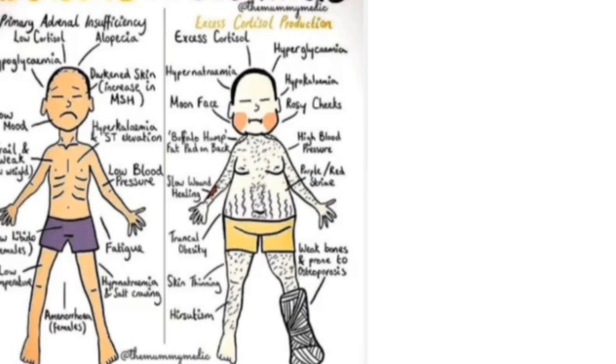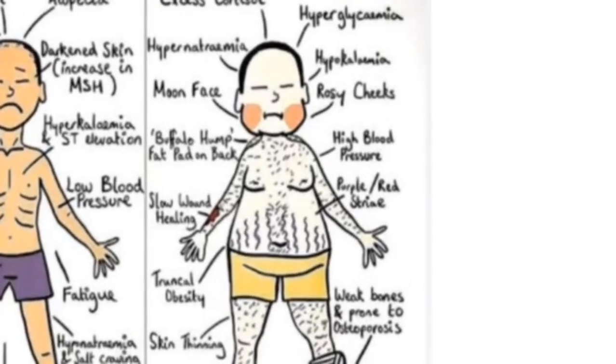You see hypercalcemia, you see hypernatremia, moon face, buffalo hump, that is fat pad on the back. Then you see slow wound healing, you see truncal obesity, very, very important, truncal obesity at the abdomen, skin tanning, weak bones and prone to osteoporosis, purple/red stripe all over the body, that is a stretch mark, high blood pressure, rosy cheeks, hypokalemia, hyperglycemia.